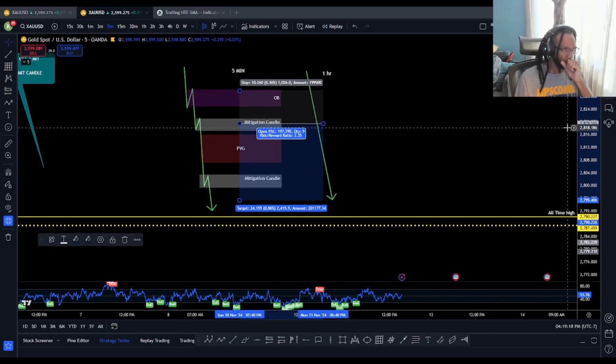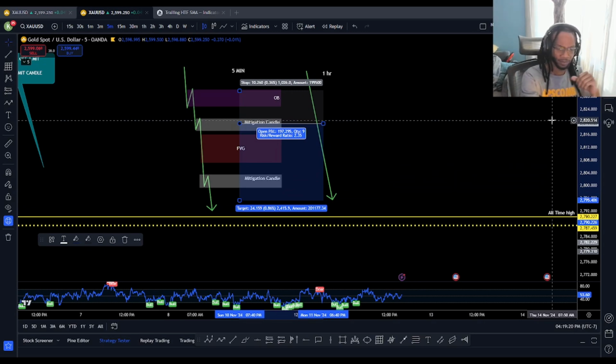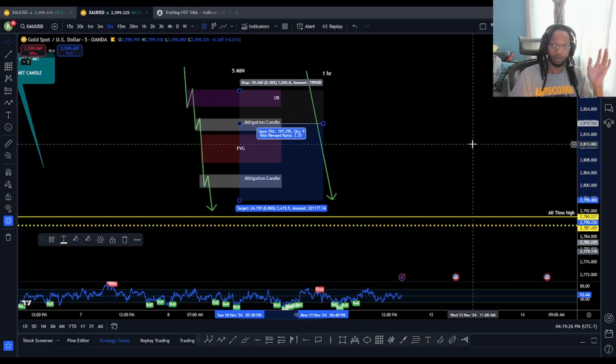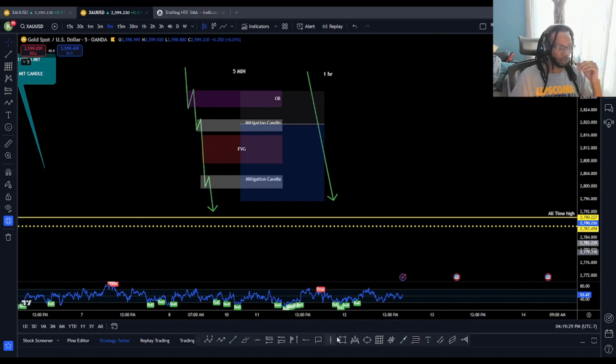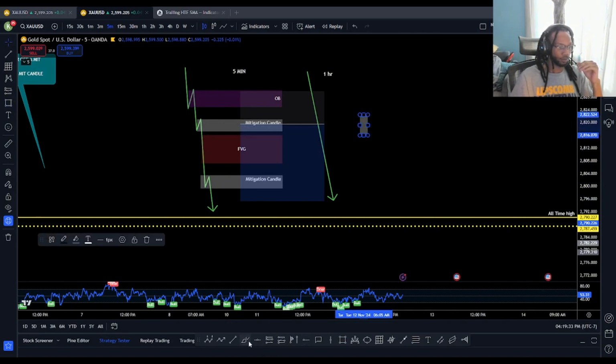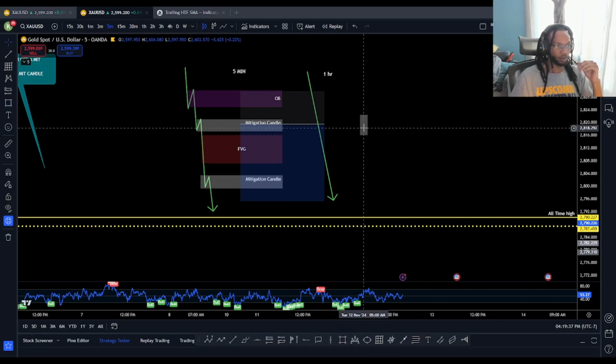Goodness gracious. Now, excuse me. Now, when it comes down to the mitigation candles, there's 3 levels to it. There is, hold on, let me make I gotta make a mitigation. Hold on.